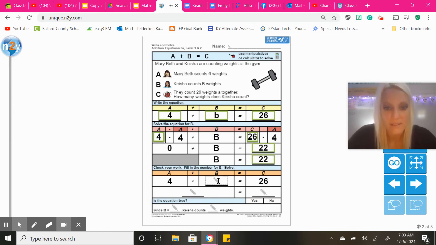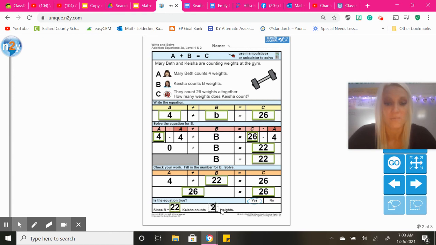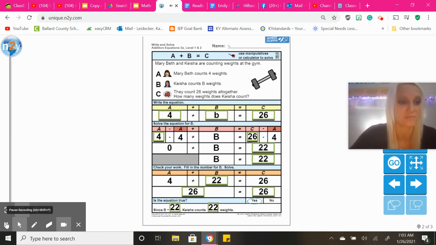So 4 plus our B now, B equals 22 equals 26. So does 26 equal 26? Yes, it does. So B was 22, which Keisha counts 22 weights. You complete the next one.